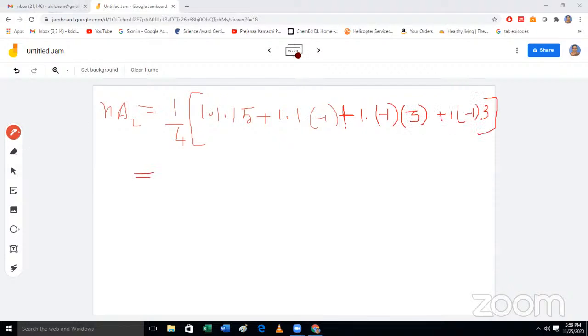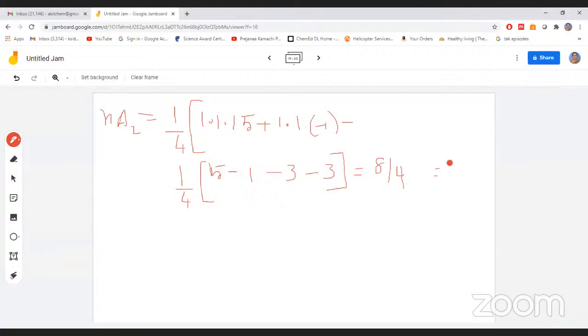So finally I'll be getting 1 by 4 into 15. So it is 8 by 4, that is equal to 2 A2.